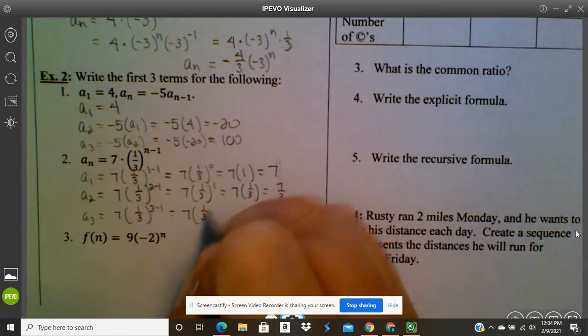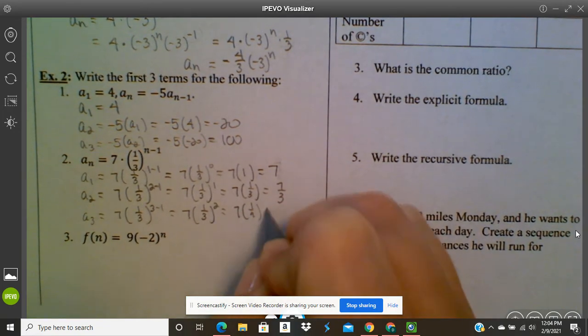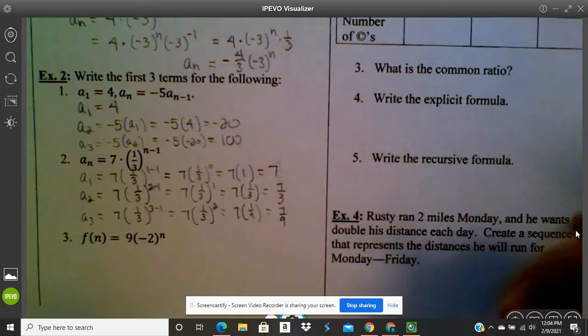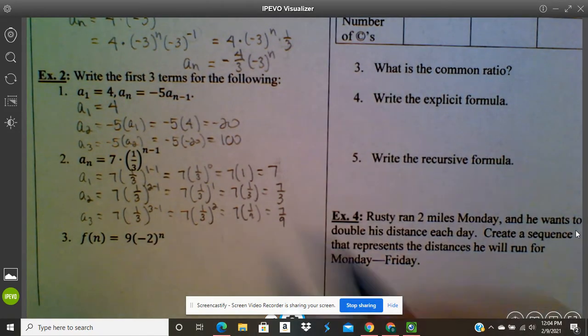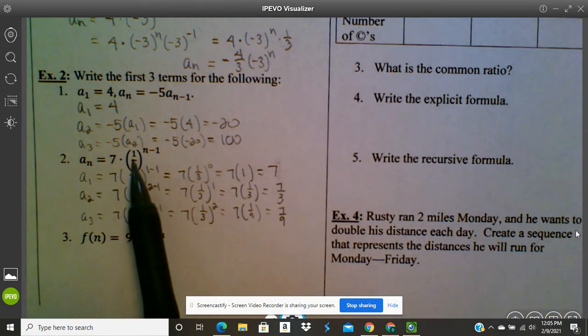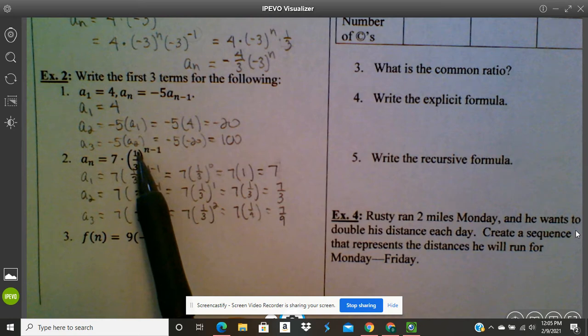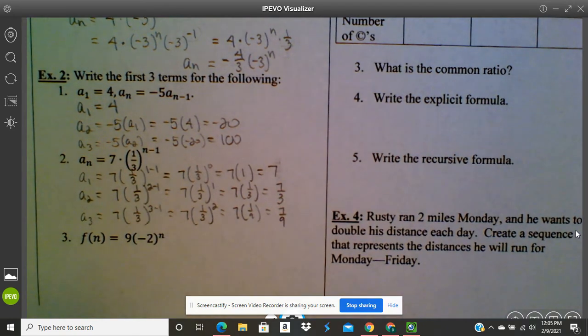That's 7 times 1/3 squared, and that is 7/9. So my terms are 7, 7/3, 7/9. Notice my denominator is changing. My numerator is staying the same. That's because my ratio says multiply the numerator by 1, which keeps it the same, and multiply the denominator by 3.